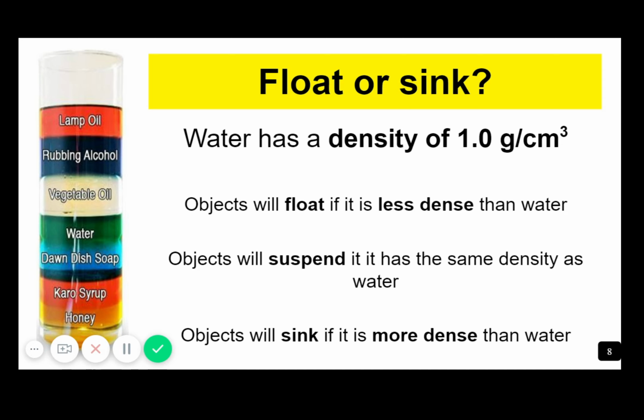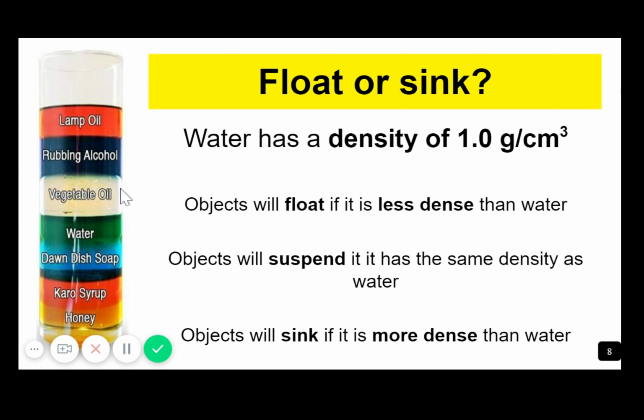So let's summarize in these 3 sentences. Objects will float if they are less dense than water. Objects will suspend if they have the same density as water. So if we try this in our session next week, and it stays at the same level as the water, it means that it will suspend and it has the same density. Objects will sink if they are more dense than water. What you need to remember is that the levels of the different layers indicate the density.